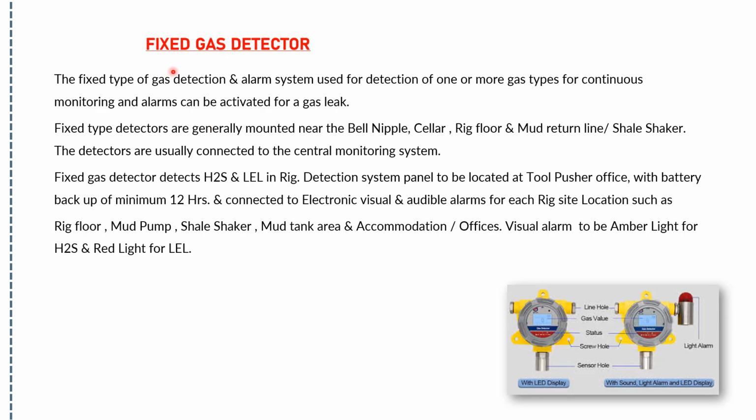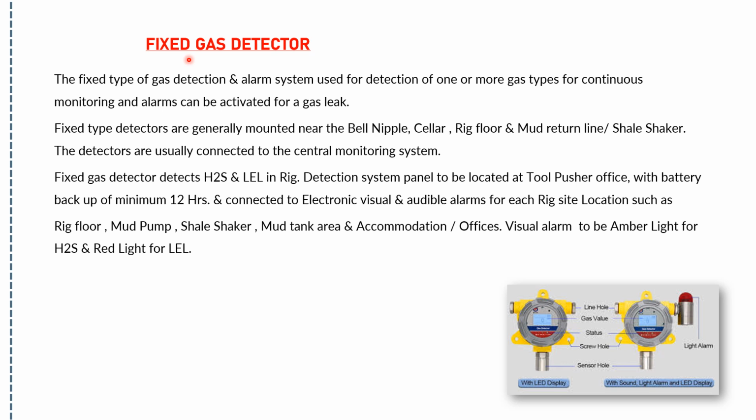The next is the fixed gas detector. This kind of gas detector is fixed in specific locations where there is a chance of a leak of flammable or corrosive gases.